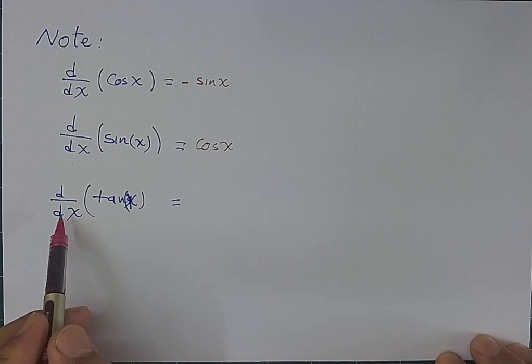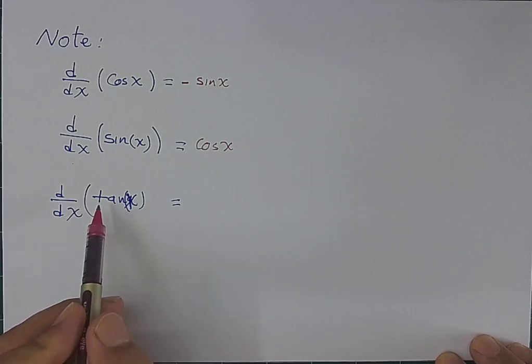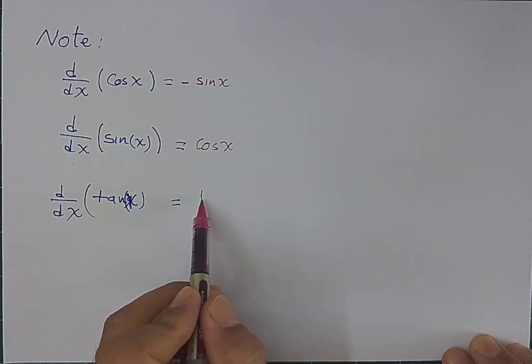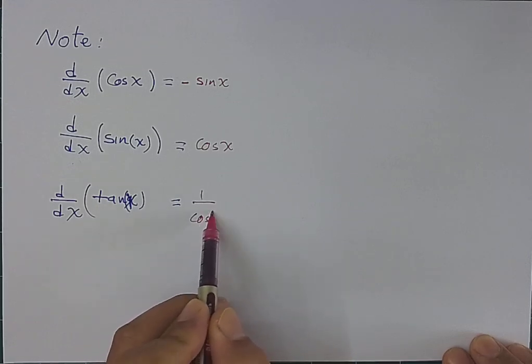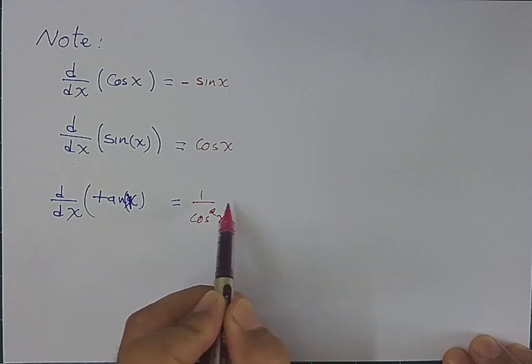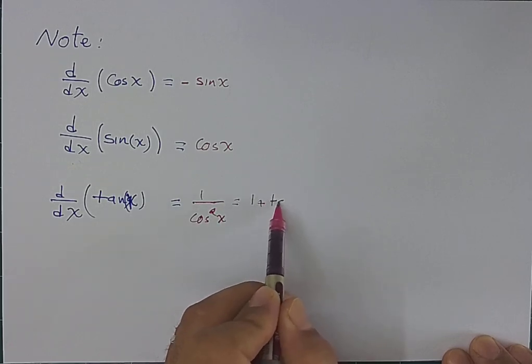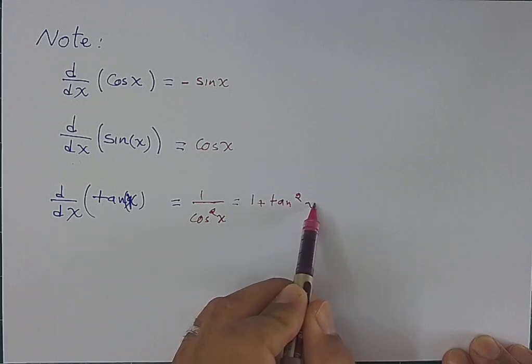The last one, d/dx of tan x equals 1 over cosine square x. Also, we have 1 plus tan square x.